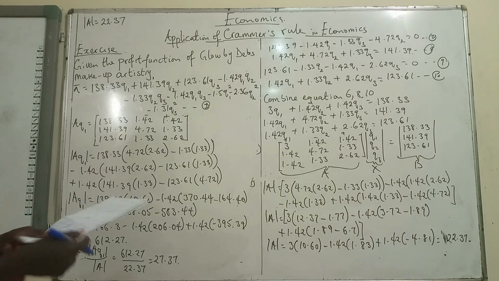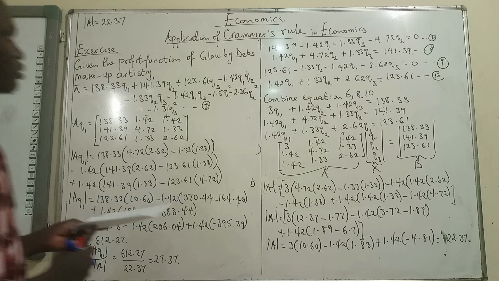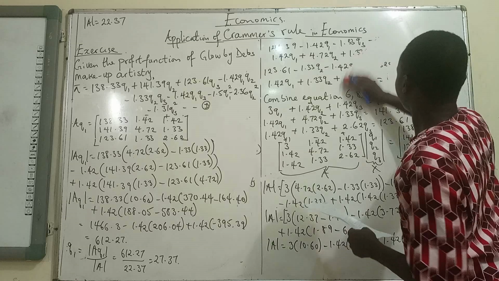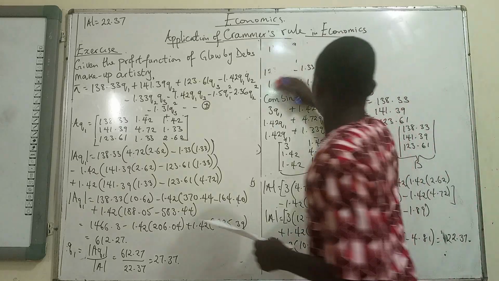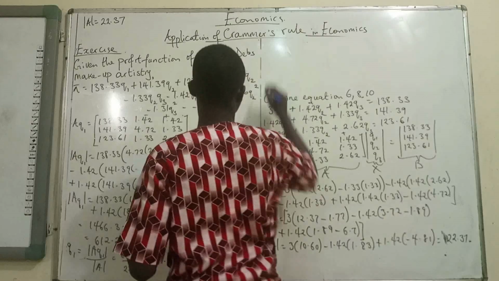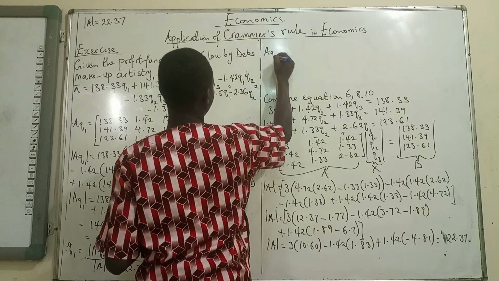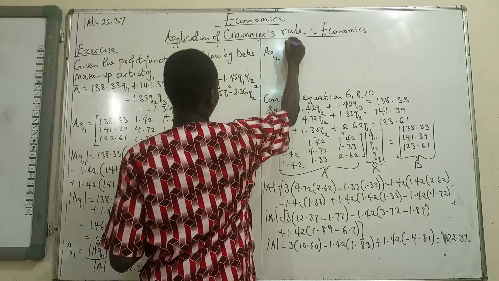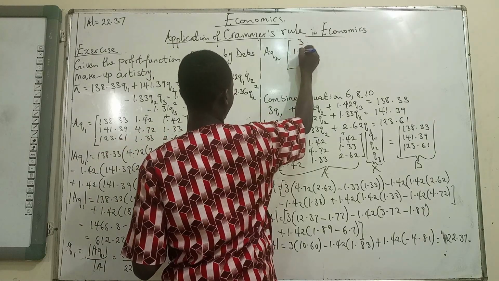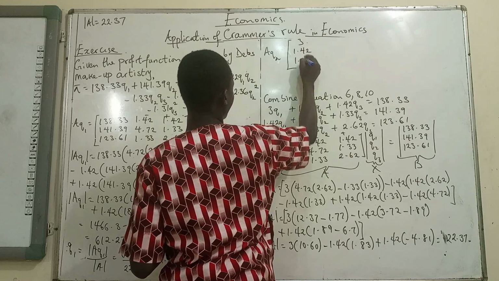Now I want to look for Q2. So we write the matrix for Q2. AQ2 would then be 3, 1.42, 1.42.